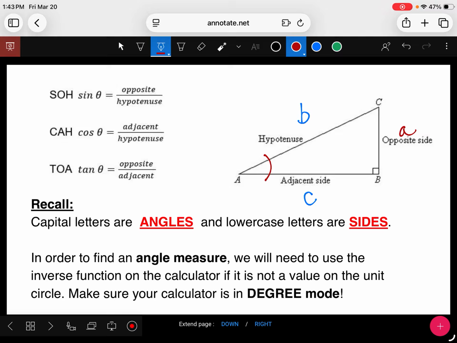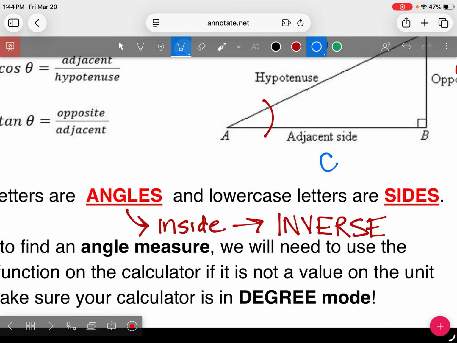Okay. If you're trying to find an angle, angles are inside, which means we're going to use the inverse. For an angle, we have to use the inverse.